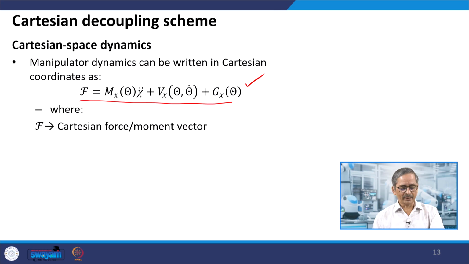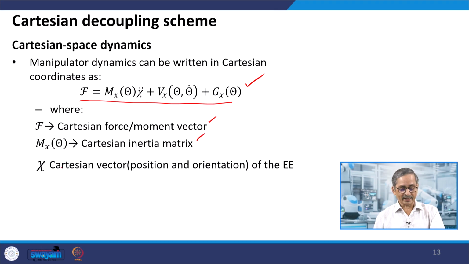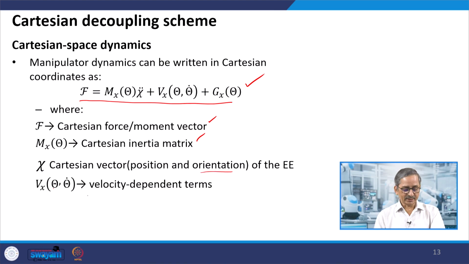So, in this one, F is the Cartesian force or moment vector, Mx(θ) is the Cartesian inertia matrix, χ is the Cartesian vector, which is basically the position and orientation of the end effector, and this is Vx(θ, θ dot), the velocity-dependent term, which contains the Coriolis and centrifugal components, and you have the gravity term.